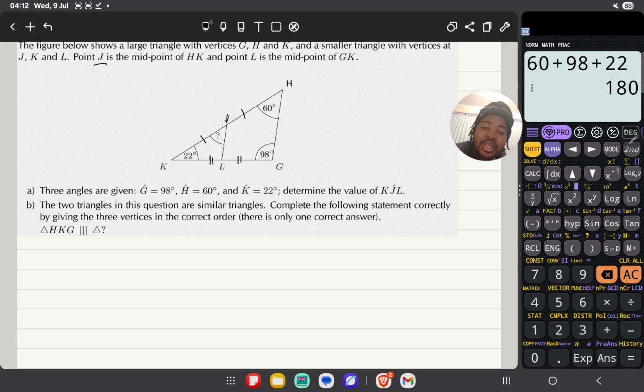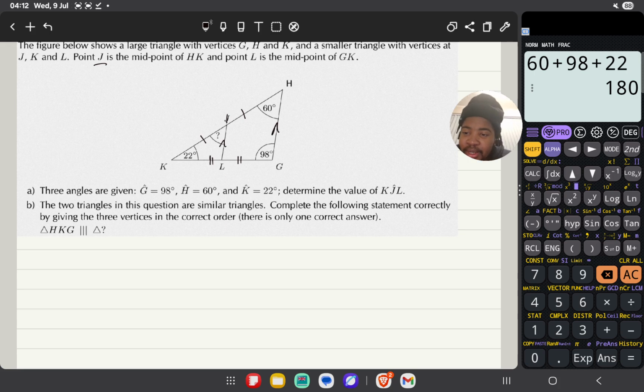Then later you find out that the sides are parallel. So eventually for midpoint theorem, you'll find out that these two are parallel, and therefore this angle is going to be 60 degrees, corresponding angles.